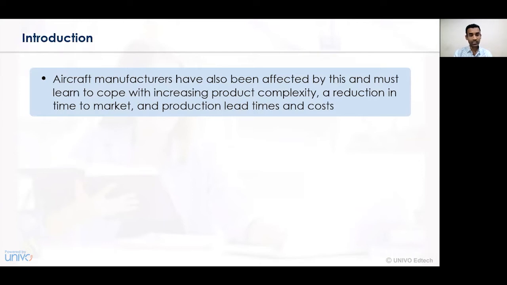And if the activities are completed effectively within a very short span of time, then the company can save on both cost and time. Hence, in an aircraft manufacturing industry, these factors matter a lot.